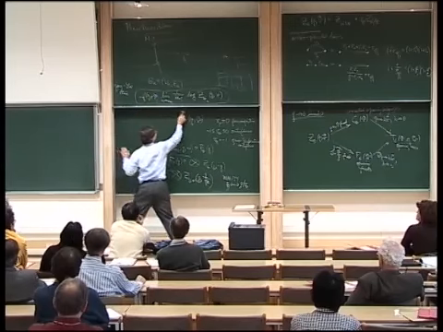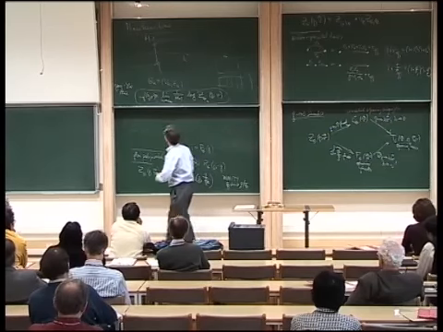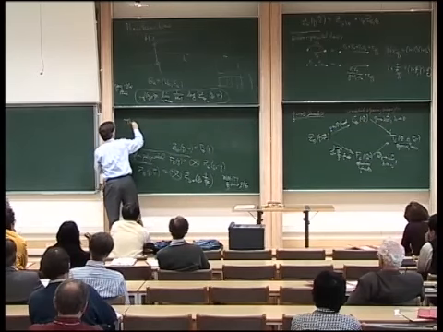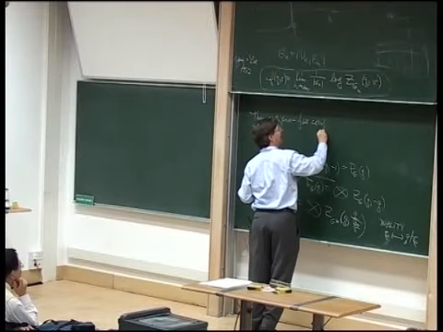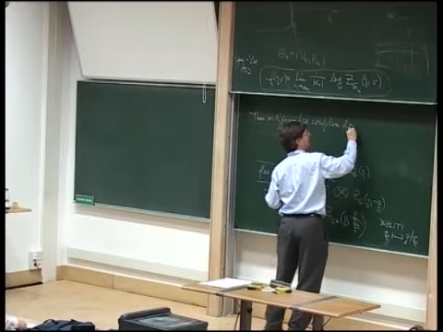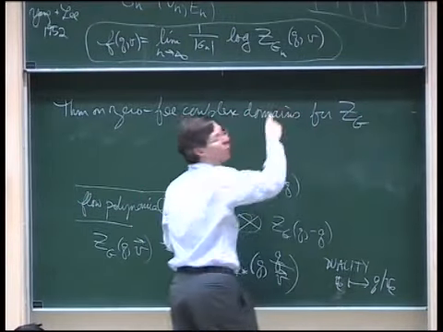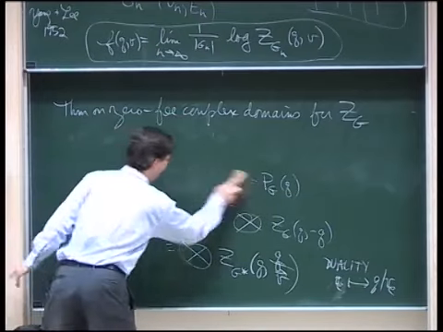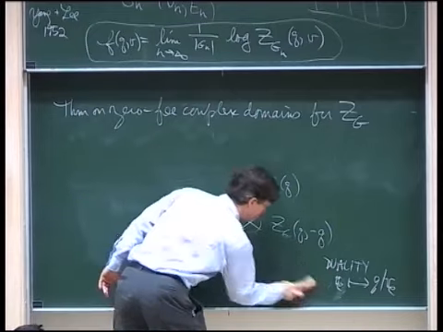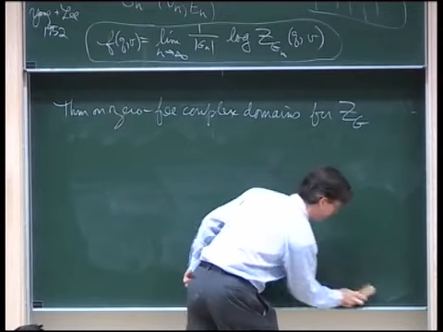So one way of proving absence of phase transitions is to prove some theorem on zero-free complex domains for the partition function in either q or v or both. And those are the kinds of theorems I'm going to talk about in the next 35 minutes.